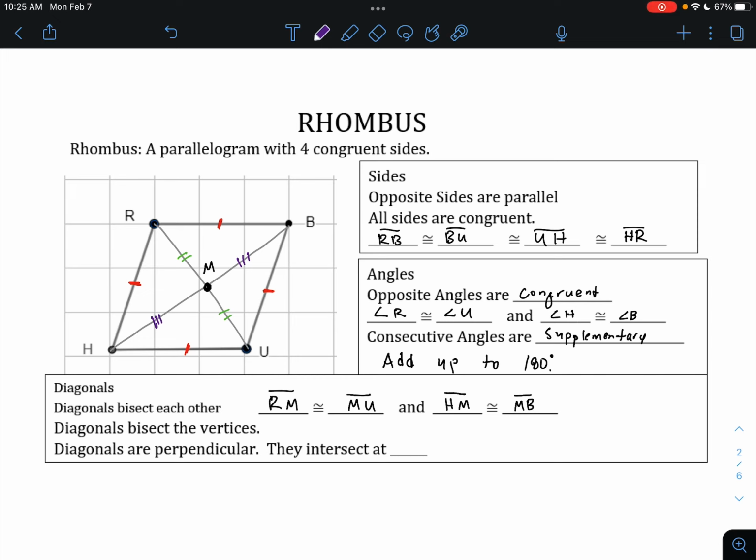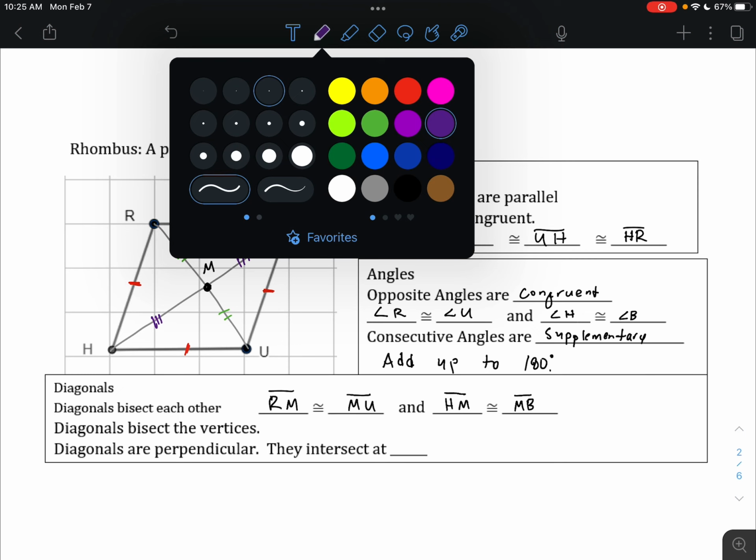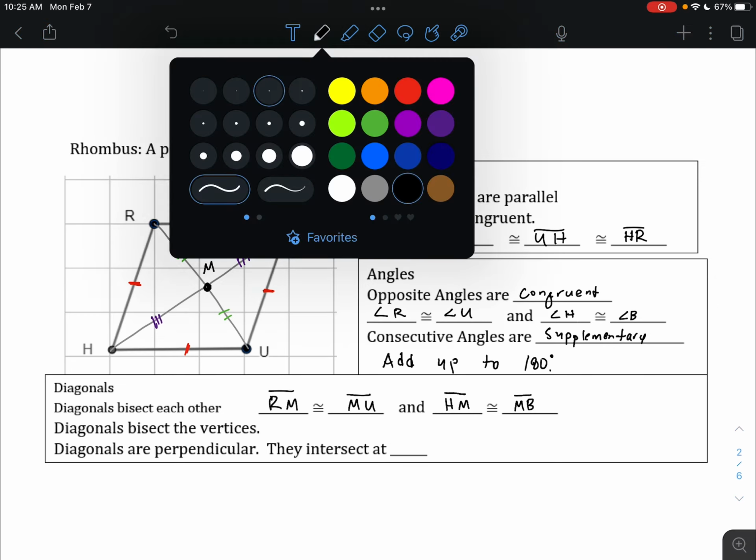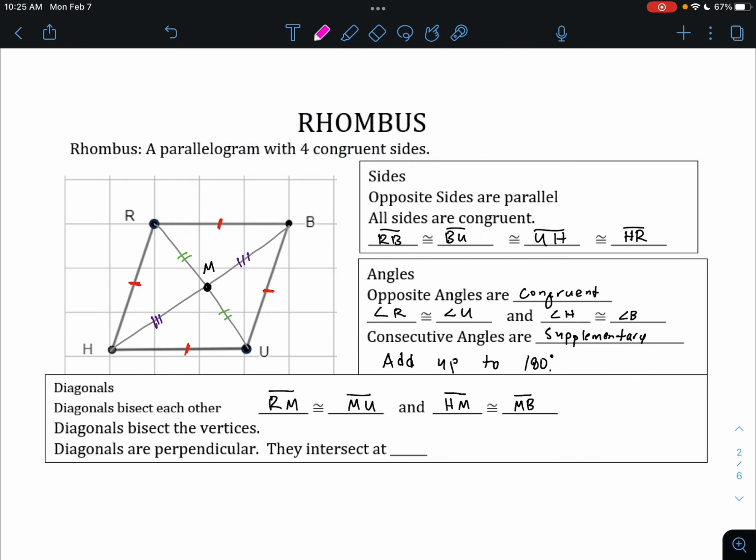Now we do have one other thing that we know about the angles, and that actually has to do with the diagonals as well. That's that the diagonals bisect the vertices. Remember that word bisect means to cut them in half. So I'm going to take each of my original 4 corners and I'm going to cut them in half. So angle R is now made up of those 2 congruent angles.